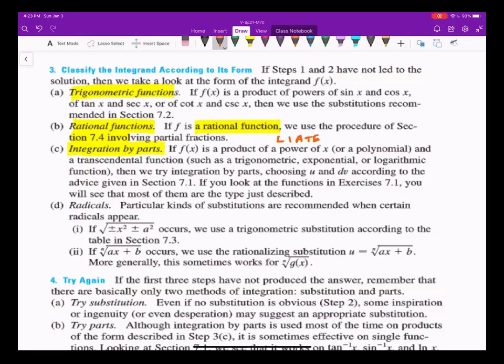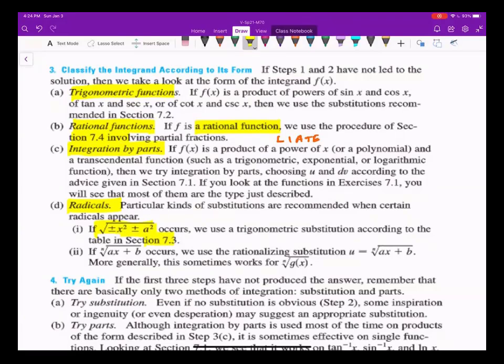Can we apply integration by parts? That is one option. Then, does the integrand involve radicals? Is it of the form square root of x squared plus or minus a squared, or plus or minus x squared plus or minus a squared? And we did this in trig substitution.